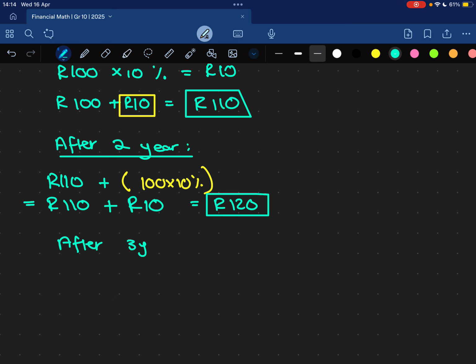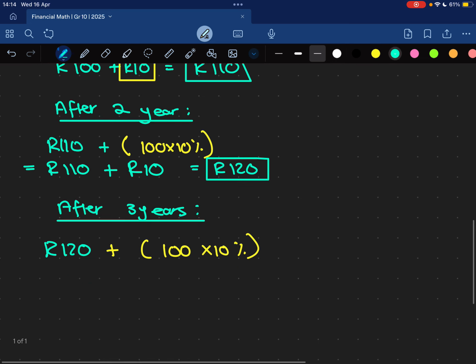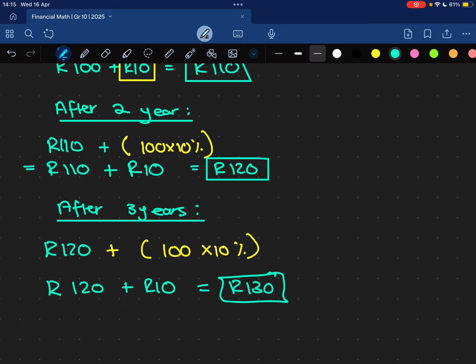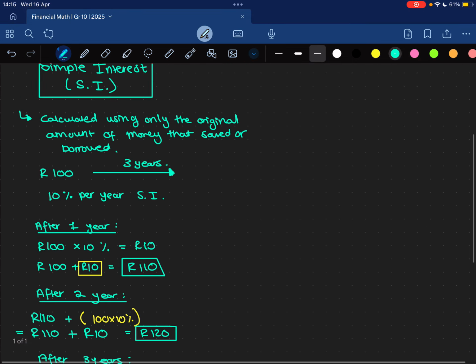Then after 3 years, I'm going to have 120 Rand in my account, but I'm still adding the interest from the original amount, which was 100 Rand. So 10% of 100 Rand is still going to be 10 Rand. So together it makes 130 Rand. So after 3 years, the money would sit at 130 Rand.